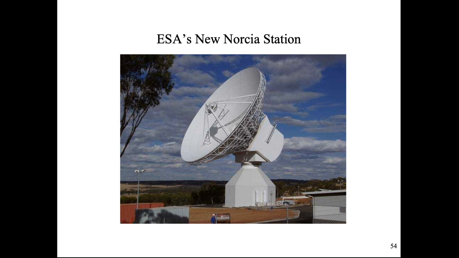Here you see a picture of the antenna in New Norcia. It's a 35 meter antenna. Beam waveguide, rather compact, and you can see that it is a Cassegrain mount. Here you see the subreflector, hyperboloid.